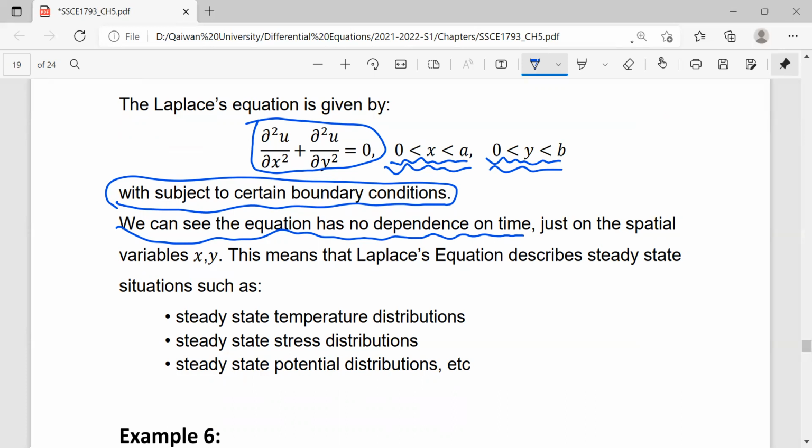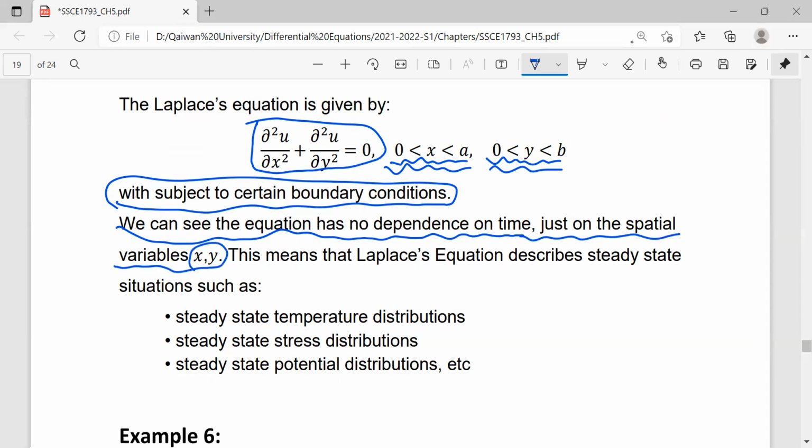It depends on time, as we did in the case of lambda to be 0 or lambda to be positive. We got that if t tends to infinity, capital T also tends to infinity. But here, the Laplace equation has no dependence on time, just on the spatial variables x and y.